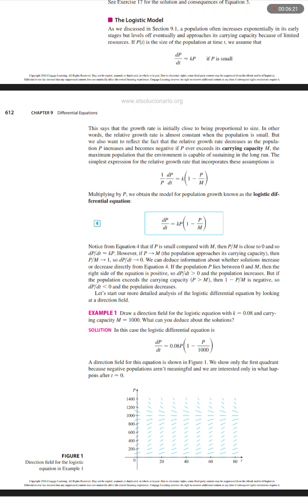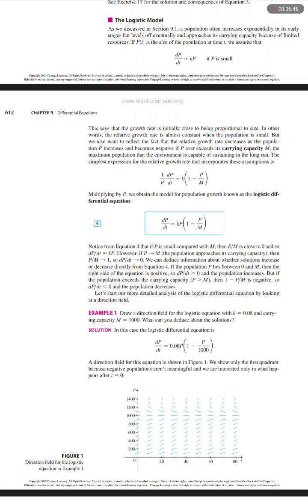We assume that dP over dt approximately equals kP if P is small. This says that the growth rate is initially close to being proportional to size. In other words, the relative growth rate is almost constant when the population is small.